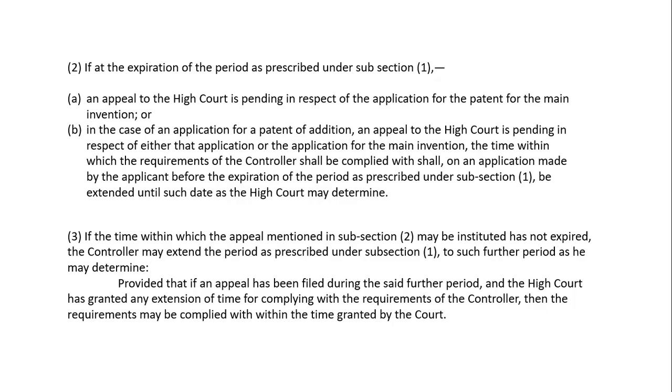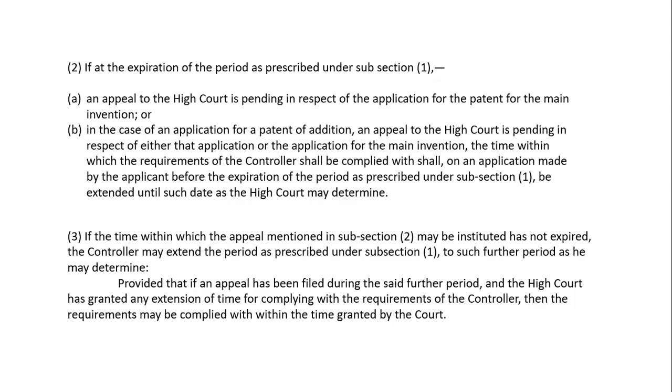Subsection 3 says that if the time within which the appeal mentioned in subsection 2 may be instituted has not expired, the controller may extend the period as prescribed under subsection 1 to such further period as he determines, provided that if an appeal has been filed during the said further period and the High Court has granted any extension of time for complying with the requirements of the controller, then the requirement may be complied with within the time granted by the court.